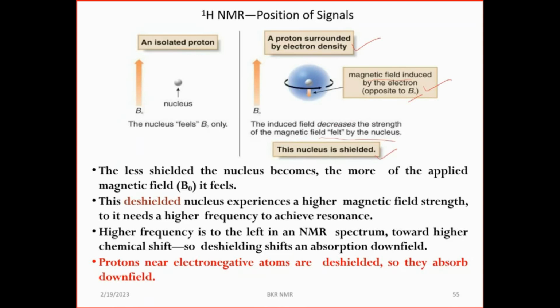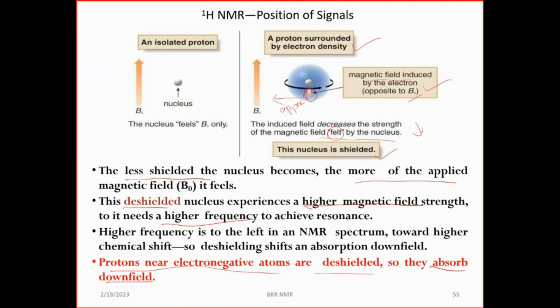The electrons surrounding generate a magnetic field that opposes the external field, so the field the nucleus feels decreases. The deshielded nucleus experiences a higher magnetic field strength and needs higher frequency to achieve resonance because it precesses with higher frequency. Protons near electronegative atoms are deshielded, so they absorb downfield.